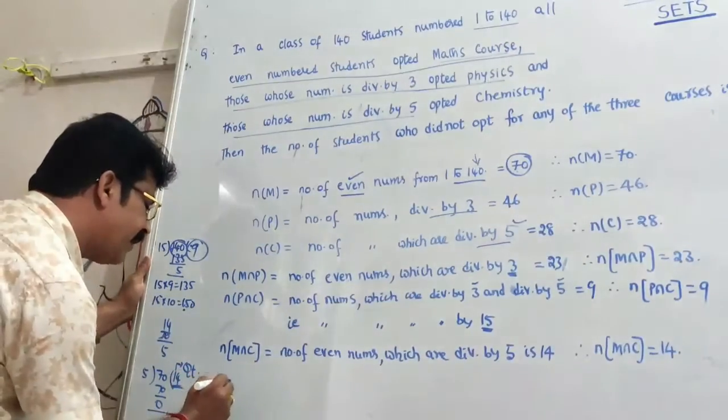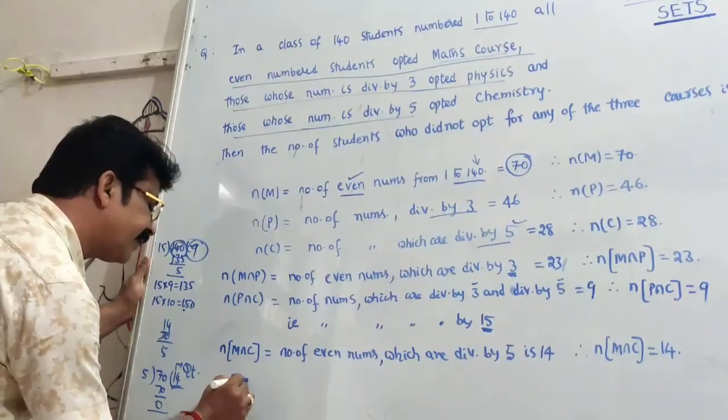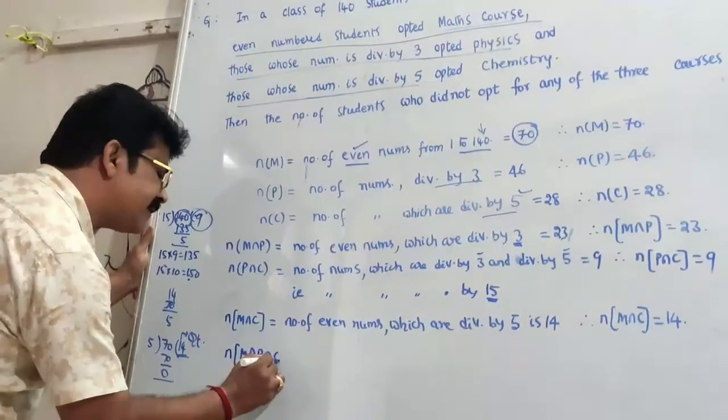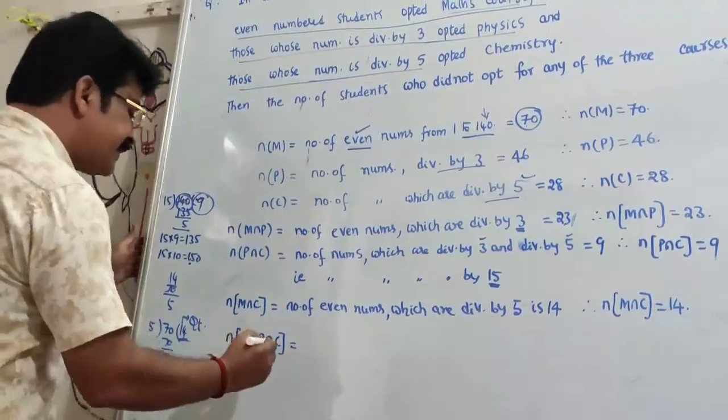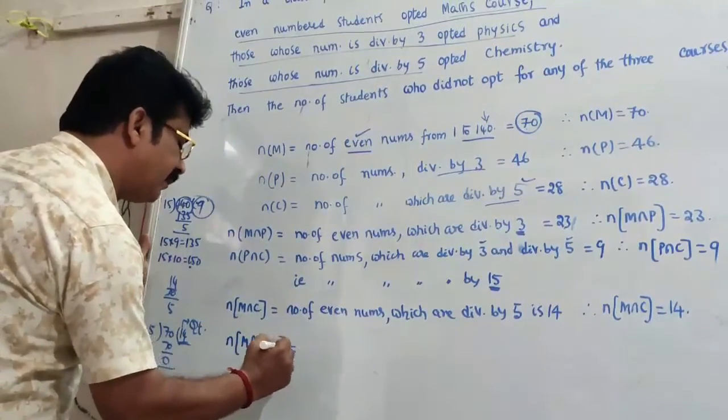N of M intersection P intersection C. M intersection P intersection C means what?